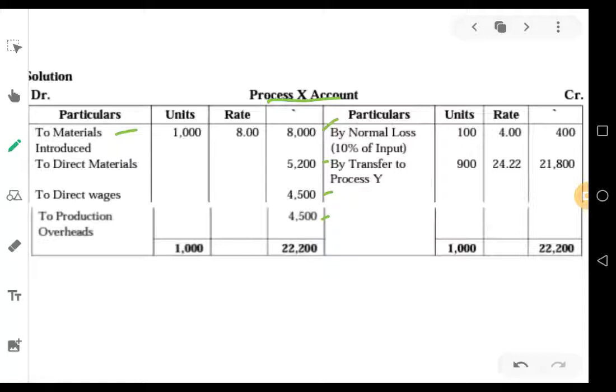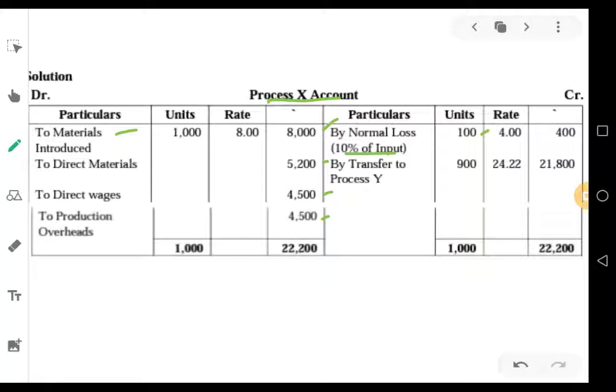As it was given in the question, 10% of the input is normally lost in process X. 10% in the sense the number of units introduced into this process is 1000 units. So 10% of 1000 units should be 100 units. This 100 units normally lost will become scrap.